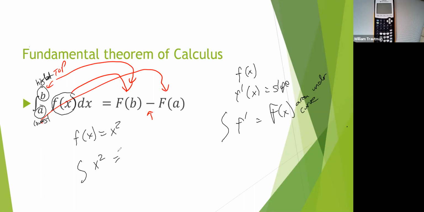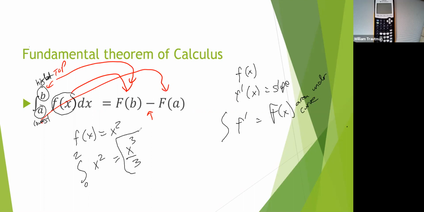If I integrate x squared, remember you add 1 to the power and then you divide by that power. And I'm going to integrate from 0 to 2.